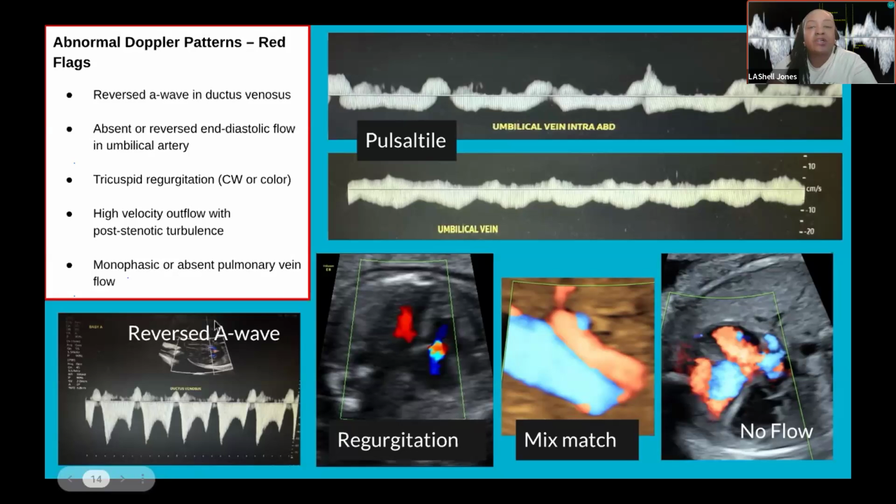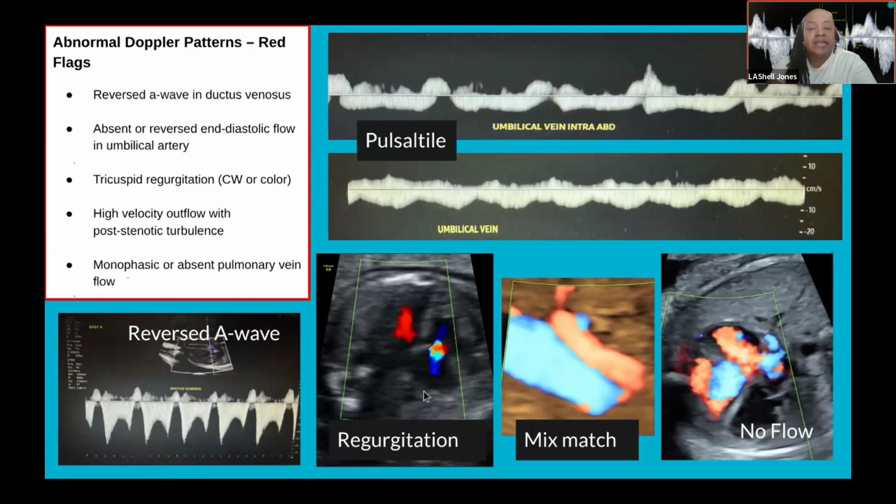Another abnormal pattern is a pulsatile umbilical vein. So this is an intra-abdominal pulse, and it's showing pulse, where you should not see that in the umbilical vein. And then here is a free floating example of a pulsatile umbilical vein.